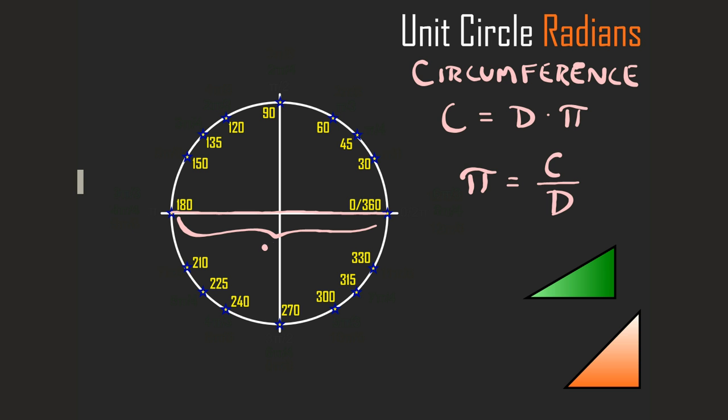Well, then that means the circumference, or all the way around the unit circle, is equivalent to 2 times pi, because the diameter is 2 and the circumference is pi times diameter. So my whole length all the way around the unit circle is 2 pi units.